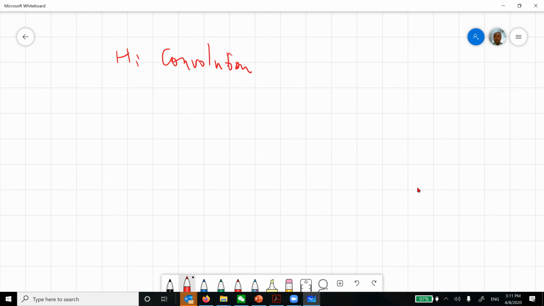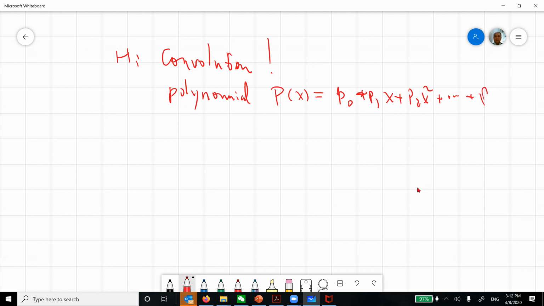Okay, convolution. So let me give you an example, okay? Say you have a polynomial px. Let's say this is p0 plus p1 x plus p2 x squared plus pn xn.